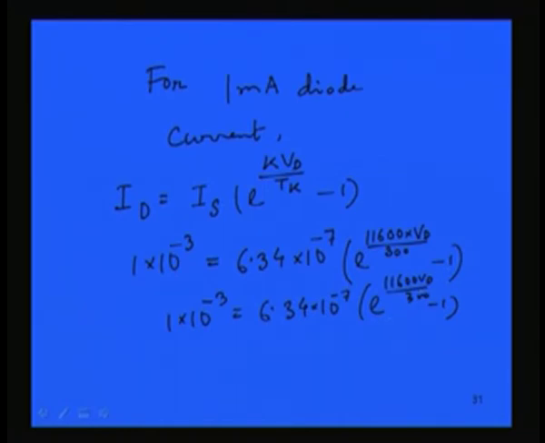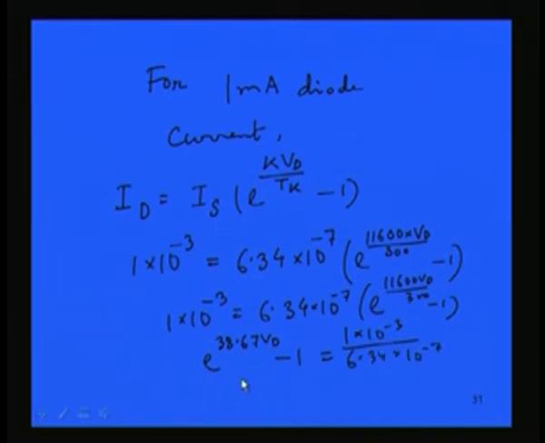So, this calculation is giving the value of 38.67. So, e to the power 38.67 VD minus 1, this part we separate, equal to 1 into 10 to the power minus 3 by this whole term 6.34 into 10 to the power minus 7.